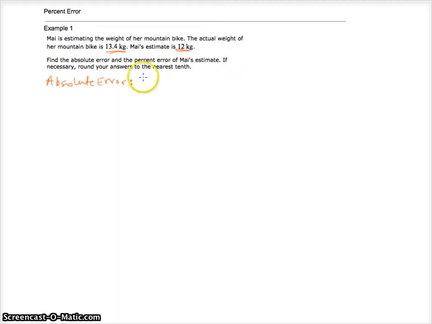So I'm going to do 13.4 minus 12, which is 1.4 kilograms. Okay, so that one was easy. For absolute error, just subtract the guess and the actual one, and always put the big number first.